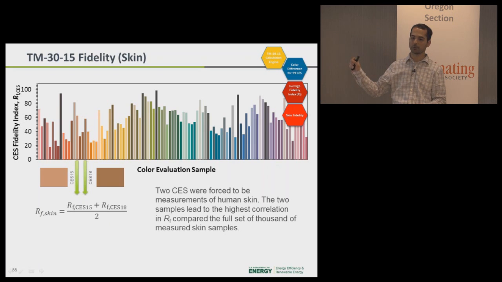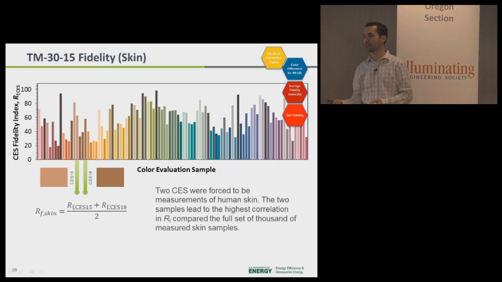So those 2 actually were selected because they are the best correlated to a library of 5,000 measured skin tones. And actually kind of unique, skin tones, their reflectance functions are not very different from one another. There's some difference in the sort of overall magnitude of the reflectance, but the actual spectral features, very little difference. So those two actually can be very representative of a broad range of skin tones.